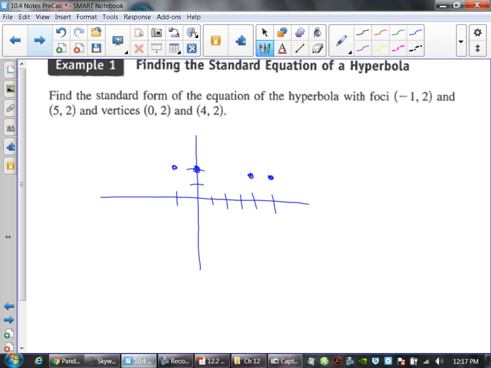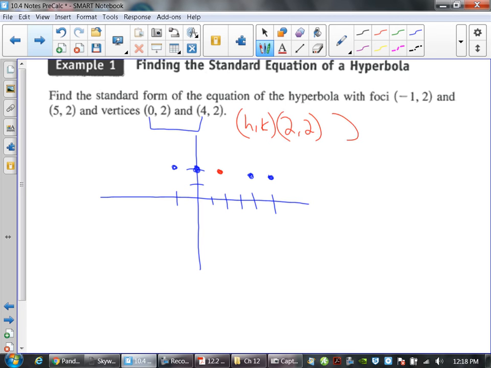The center. You're right, it's the center. So, what's 0 plus 4? 0 plus 4 is 4. What's half of 4? So our center is located at (2, 2). Our h, k is at (2, 2).